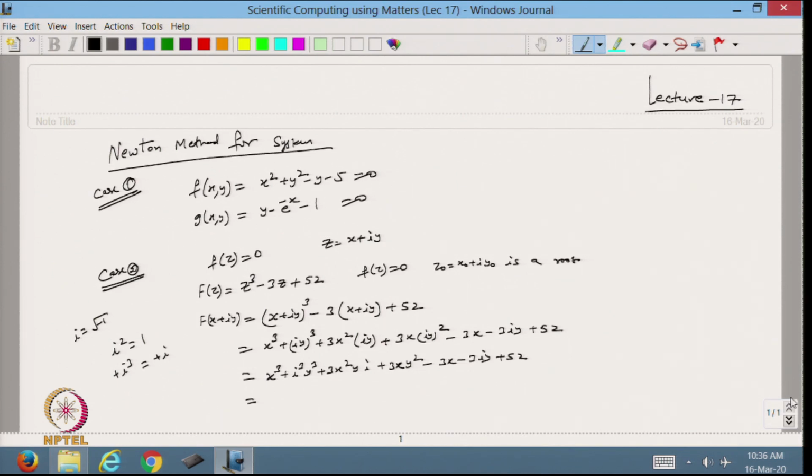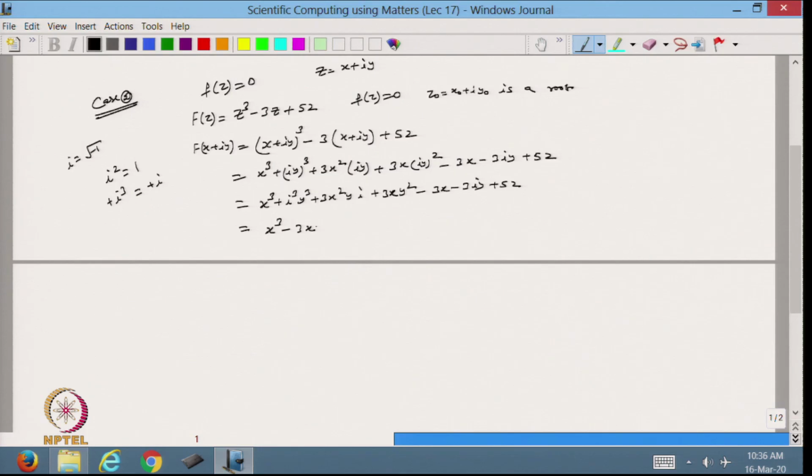Now I can collect the real terms and the imaginary terms.